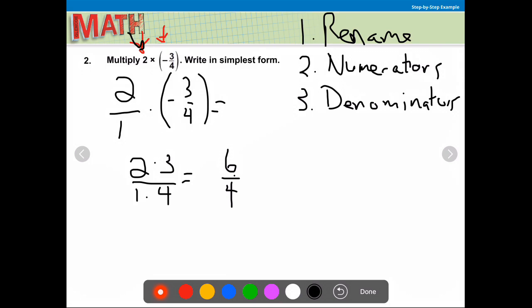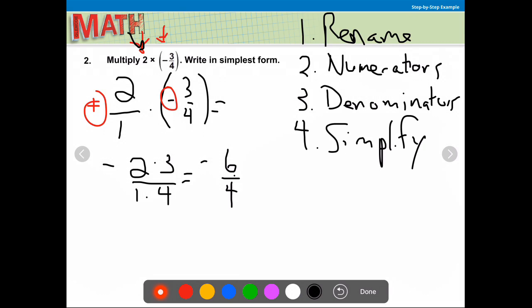Now we still have one thing that we didn't multiply, okay? Over here we have a positive number, and over here we have a negative number. So a positive number times a negative number is a negative number. So all these are going to be negative. All right, and our step 4 is what? Always simplify.